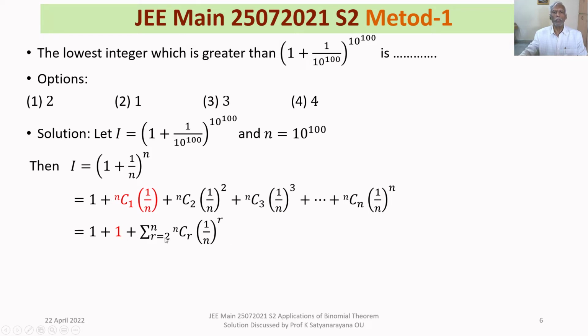For the remaining terms, let us write them in sigma notation: sigma r = 2 to n of nCr (1/n)^r. And 1 + 1 is 2, so this will be 2 + A, where A is sigma r = 2 to n of nCr (1/n)^r.